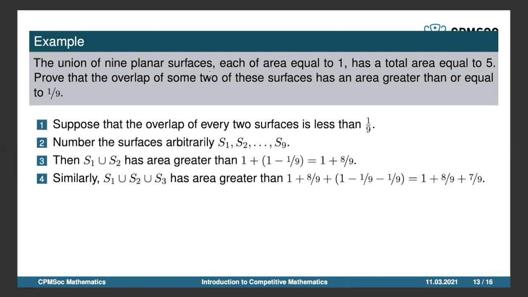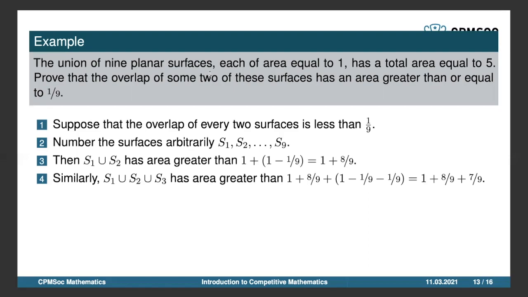When you add S3, you add the area of S1 and S2 combined, and then add the area of S3, but finally you have to subtract the area that S3 intersects with S1 and S2. Again, you add the areas together and subtract the intersection. That gives you the total area of S1, S2, and S3 combined.